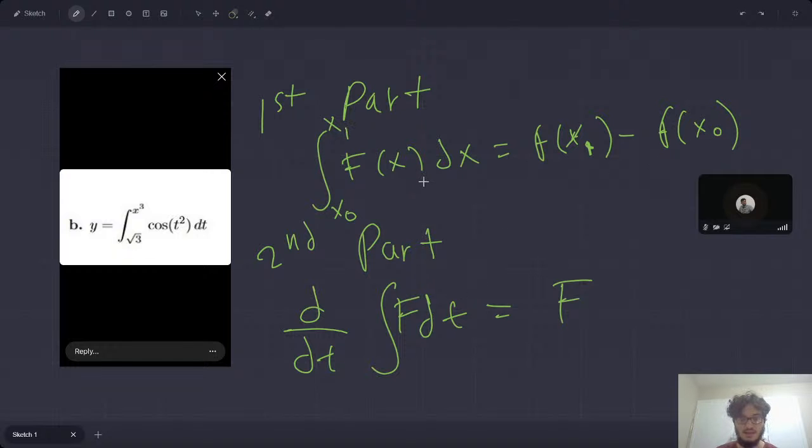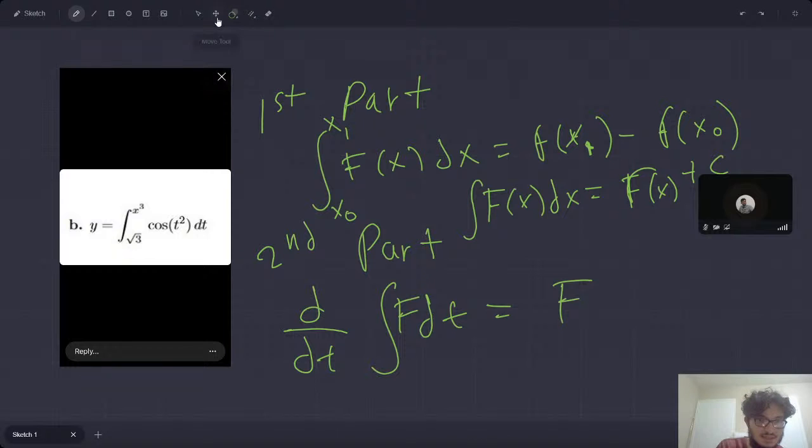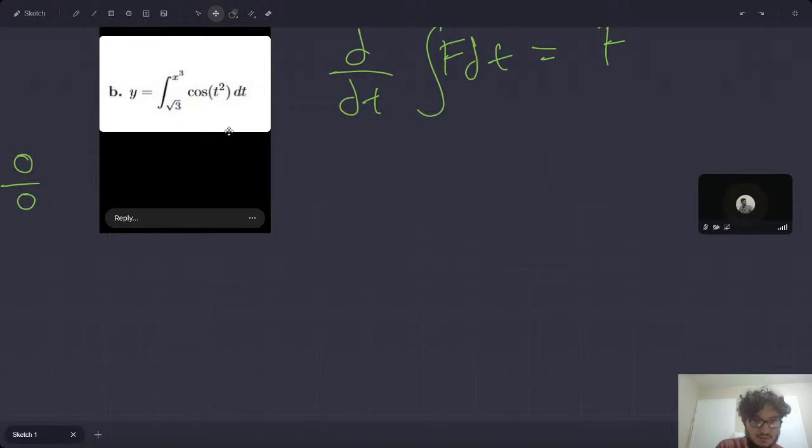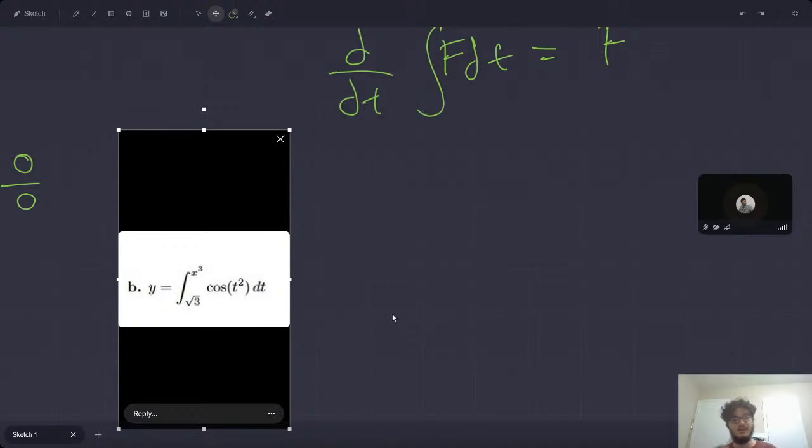And otherwise, if it's not a definite integral, if it's indefinite, the integral of f of x dx is just f of x plus c. And the second part is that the derivative of the integral of the function is just the function itself. It suggests that integrals and derivatives are opposite functions, right?